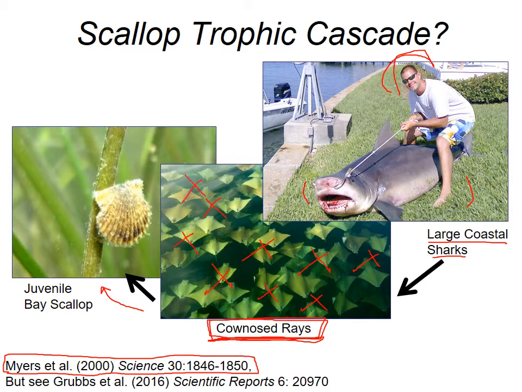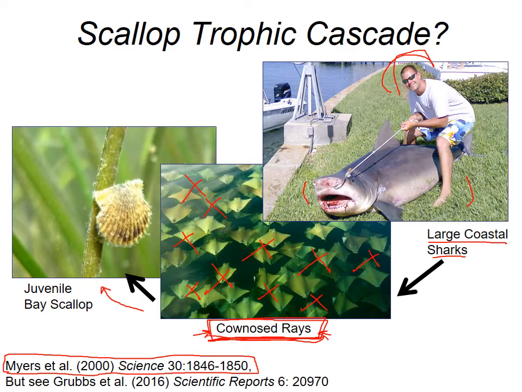Then another study came out that questioned this whole idea and said, I've looked at the data again, and yes, large coastal sharks are being over-harvested, but he didn't think that the cow-nosed ray population was actually unnaturally large.